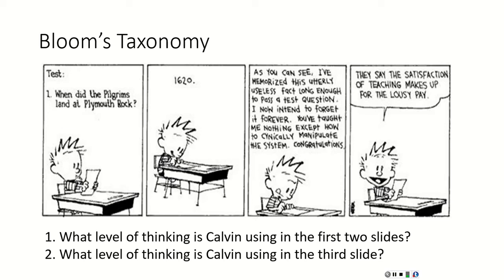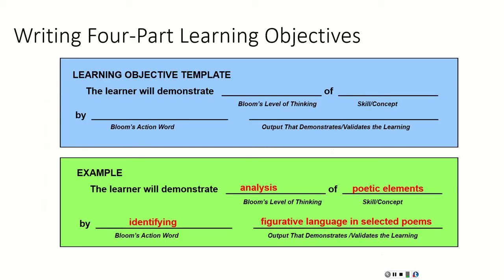The third panel, he is giving his opinion here. He's doing a little evaluation of the teacher's assessment, and he doesn't think too highly of it. And so that's higher level thinking, so evaluating. So even though the teacher might be annoyed with Calvin, he or she should also be pleased that he is showing higher level thinking skills.